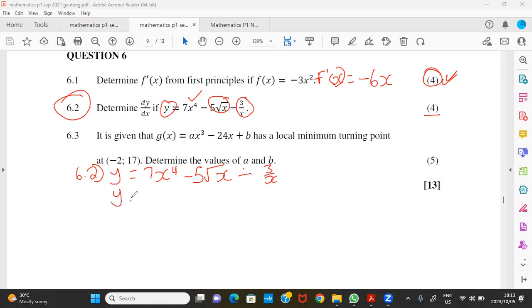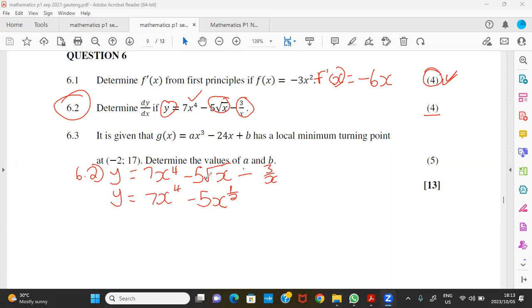The y is equal to 7x to the power of 4 minus 5x. Then I'm going to make it a rational exponent. So it's going to be x to the power of 1 over 2.